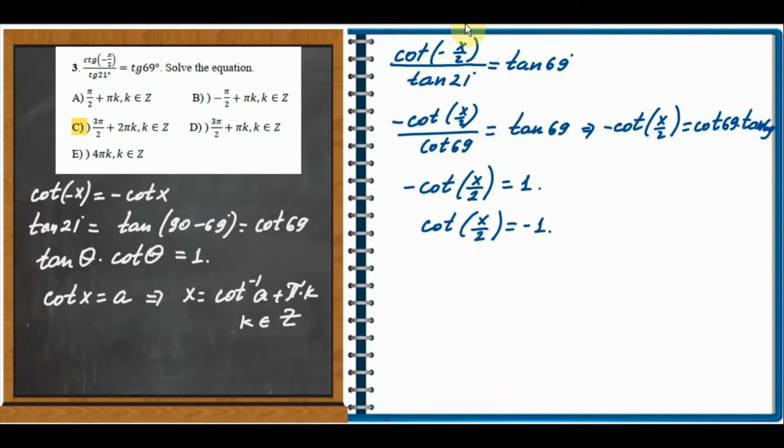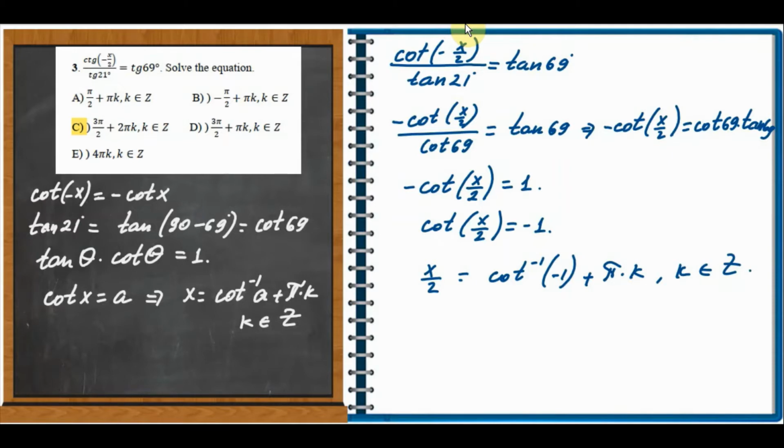So in order to find x over 2, we will say it's inverse of cotangent plus pi multiplied by k, where k's are integer numbers. Now, what angle is this, arccotangent negative 1?